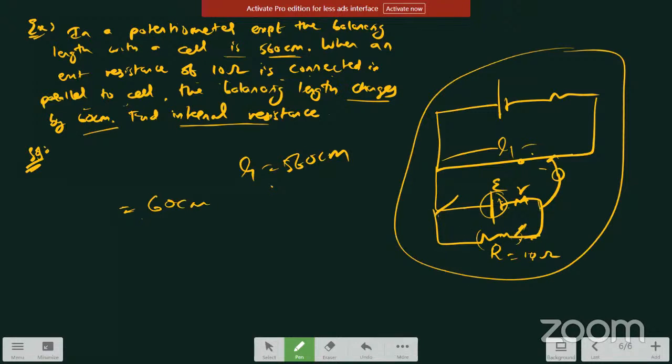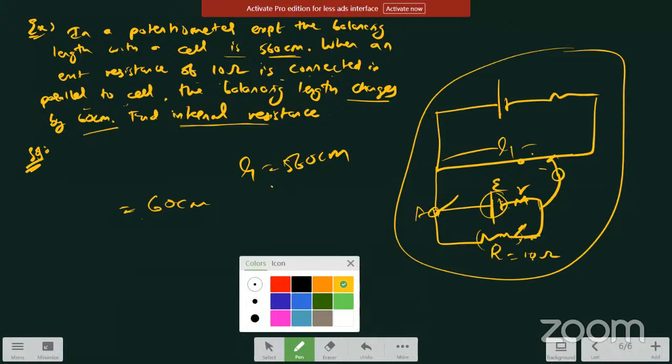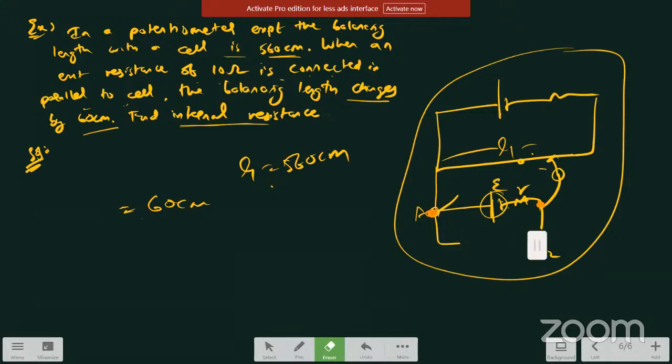Initially, the potential difference between these 2 points, see, everyone should understand this. If the switch is not closed, then the circuit is only till here. And the potential difference through this battery will be simply E only.